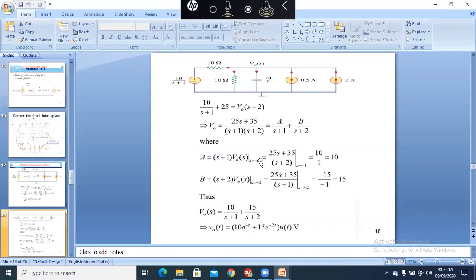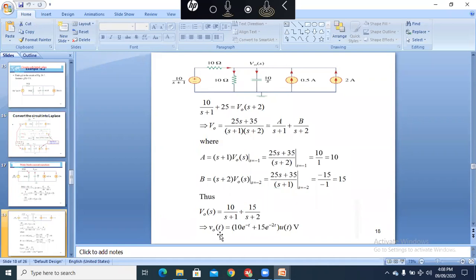We substitute s equal to -1 to find the value of A, which is 10, and we substitute s equal to -2 to find B, which is 15. So V naught of s is 10 by s plus 1 plus 15 by s plus 2.